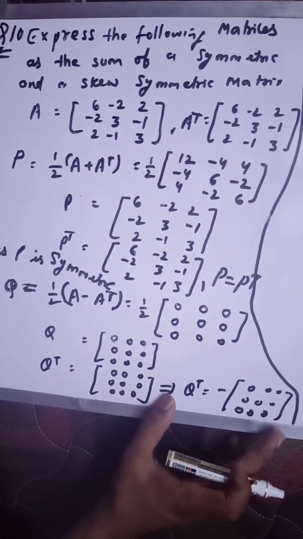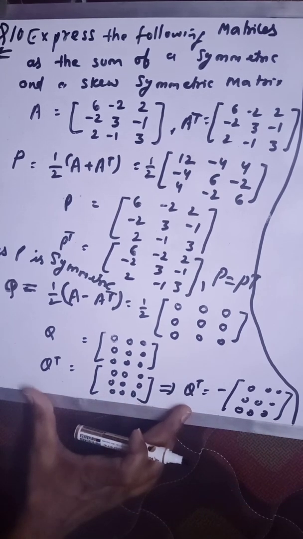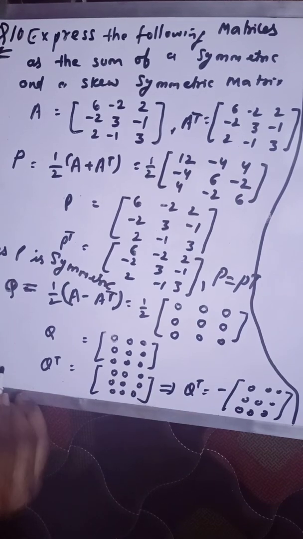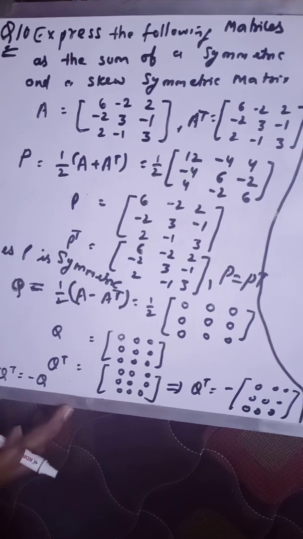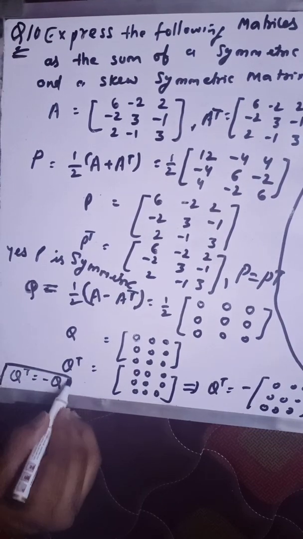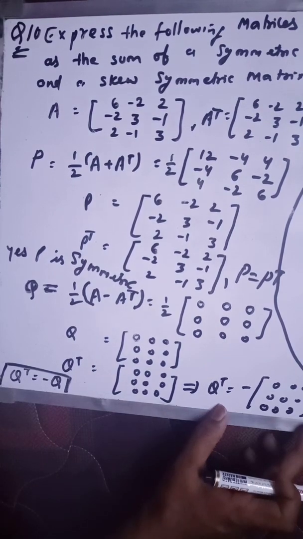So from this condition we can say that Q is a skew symmetric matrix. As we know, if Q transpose equals minus Q, then it is a skew symmetric matrix. So this is the condition for a skew symmetric matrix. By chance it is coming 0 0.